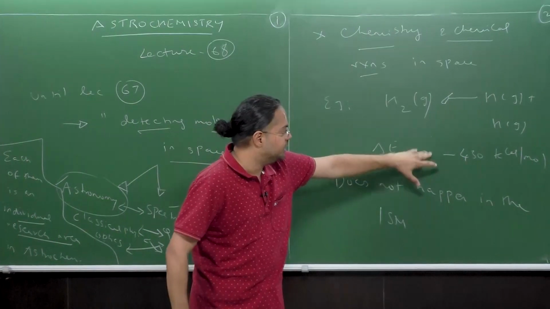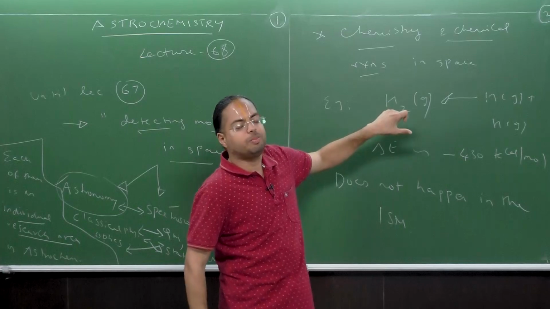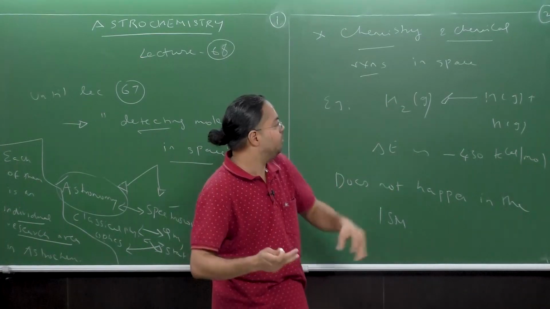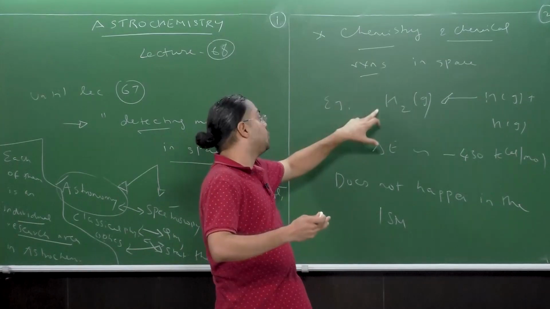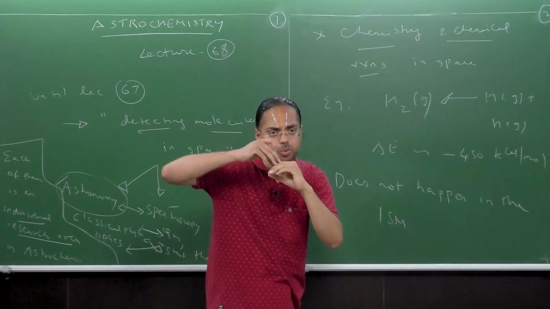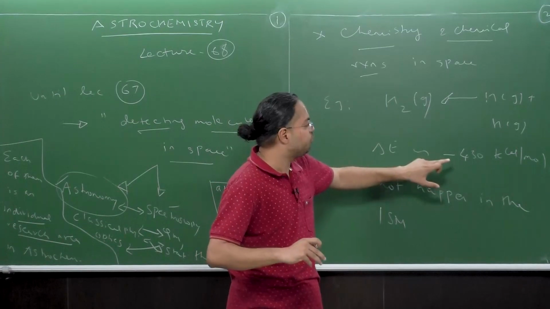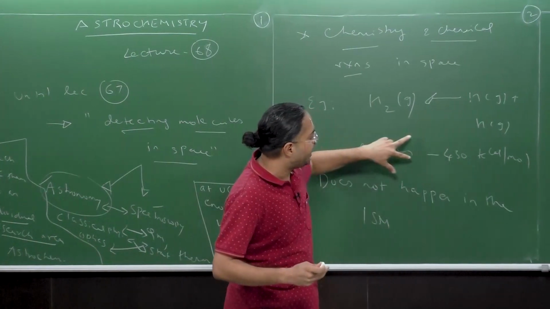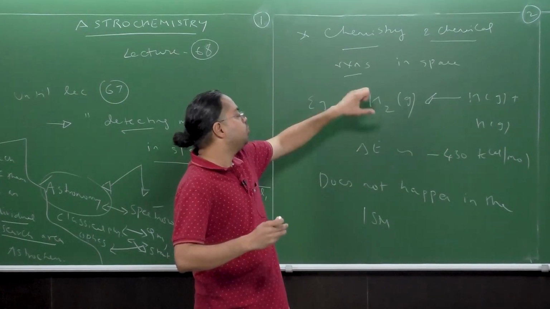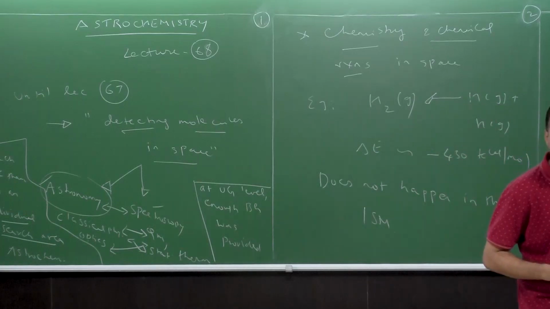Once H and H form H2, this excess energy has to be dissipated back to the surroundings. There is no other molecule to take this energy, or any radiative mechanism to simply radiate the excess energy. In the absence of this, even though it is an energetically favorable process, it does not happen, because as soon as H2 is formed, it goes back to give you H and H. Are we clear?